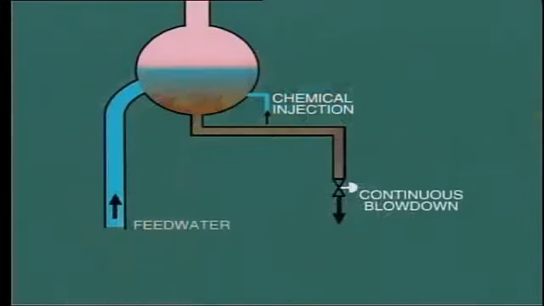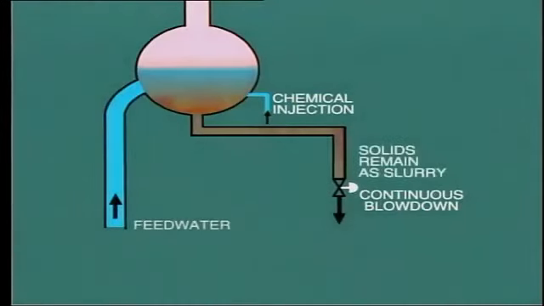The result then is that instead of forming a hard scale, the solids remain as a slurry to be discharged from the boiler through the continuous blowdown line. The addition of trisodium or disodium phosphate to the boiler water does have some negative aspects. For one, it adds yet further solids to the water. In addition to this, it will affect the pH value of the water, and this may aggravate corrosion.